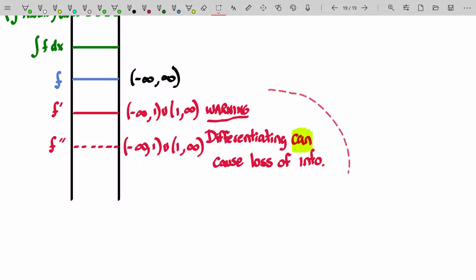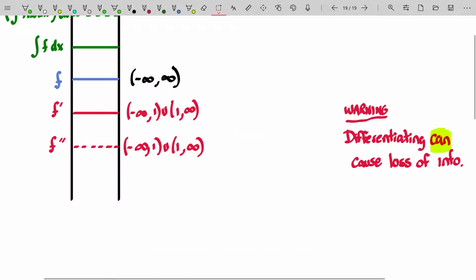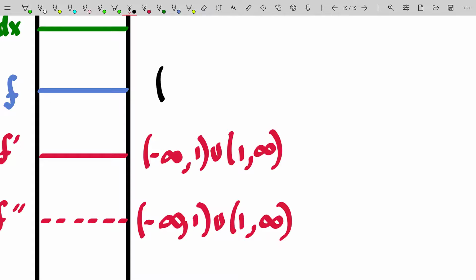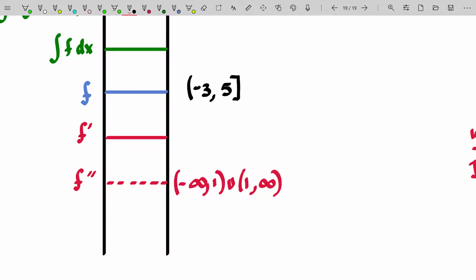I'm going to move this over to the right because I just thought of a second column I want to put on here. For this conversation, let's reset and pretend our original function had a domain of, let's say, negative 3 to positive 5, including positive 5. If we take the derivative, it could be that the derivative keeps the same domain.